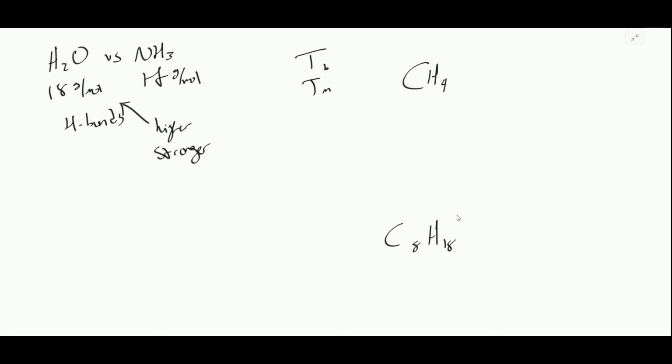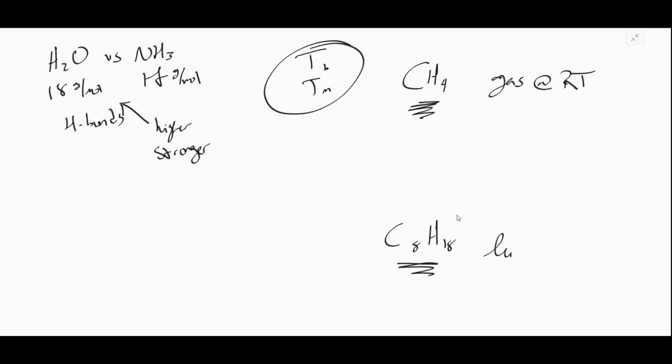Nevertheless, we can come up with a way of describing these in terms of their melting and boiling points, and we can base that just on the molar mass. Methane is going to be a lot lighter than octane, so methane is going to have a much, much lower melting and boiling point. And in fact, methane is a gas at room temperature, and octane is a liquid at room temperature, just because of those London dispersion forces.